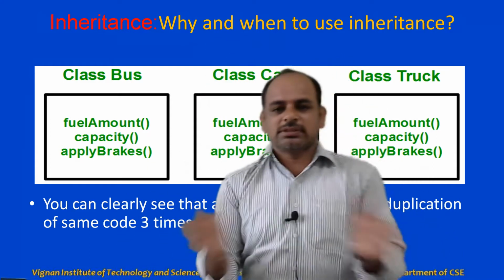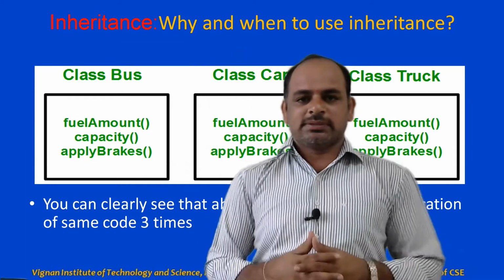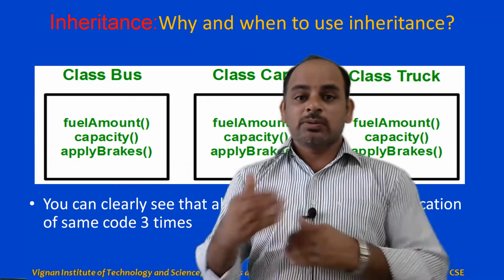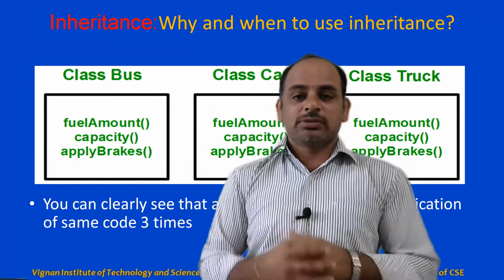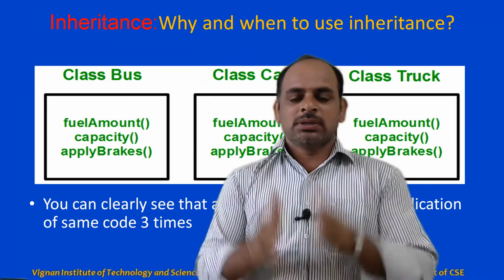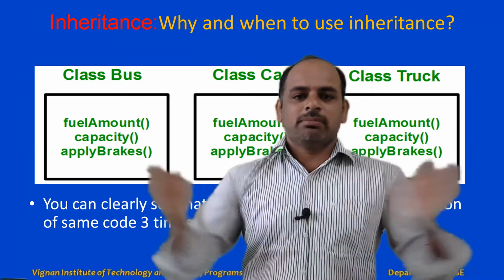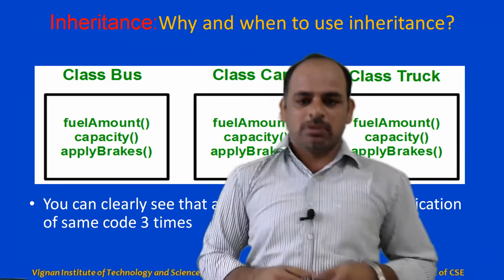In order to reduce this duplication, we have to go for inheritance. Inheritance provides reusability. Reusability means if more than one class has some common operations, we define them in one class, and those operations can be shared by all the classes which require these common operations.